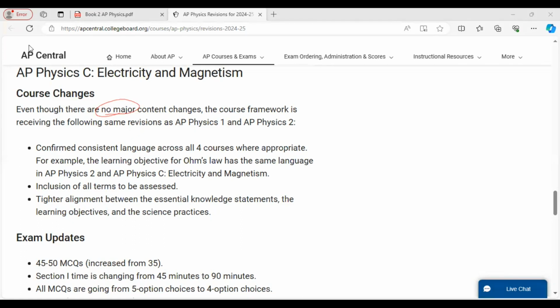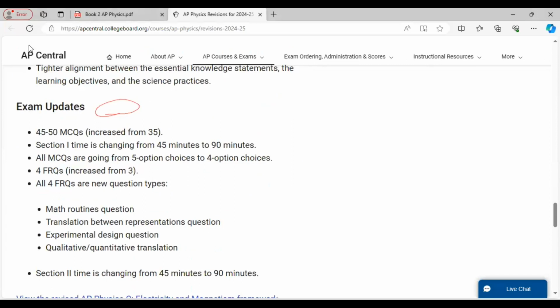As you have also seen in the website update, we will now have 45 to 50 MCQs. Previously it was 35, now you will have 45 to 50 MCQs, and for this you will have 90 minutes.